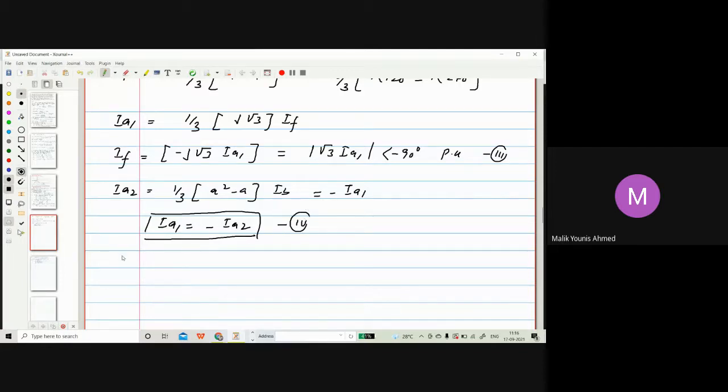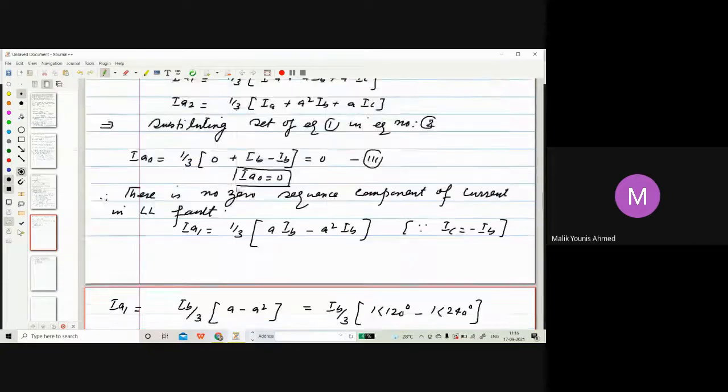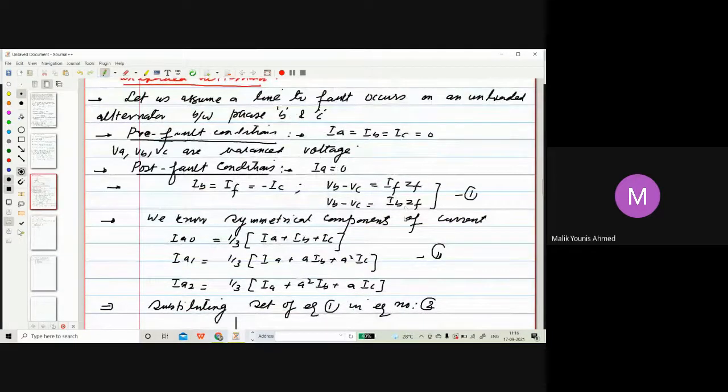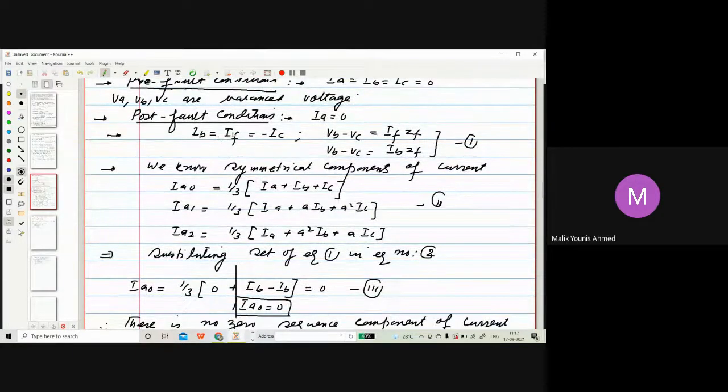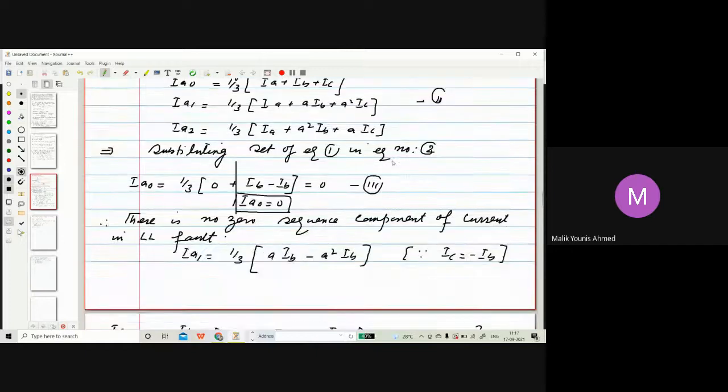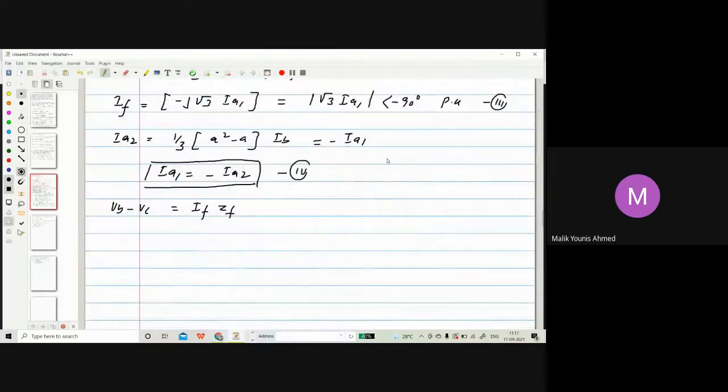Next is VB minus VC is IF ZF. We have got this in the boundary conditions. You can have a look here. VB minus VC is IB ZF, and IB is equal to IF. I can write this also, it's one and the same thing. So IF ZF. So what is the value of VB in terms of symmetrical components?